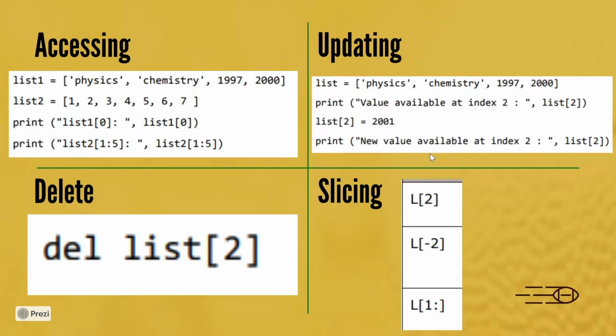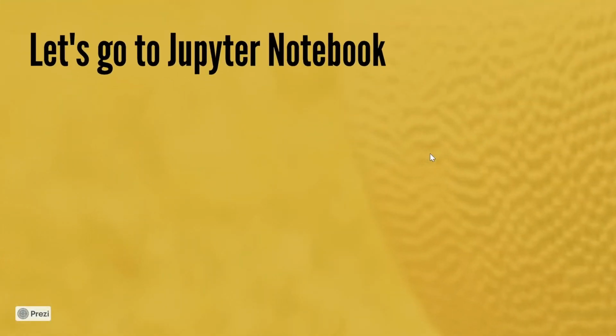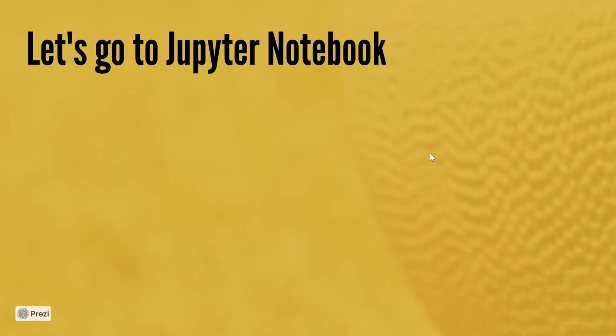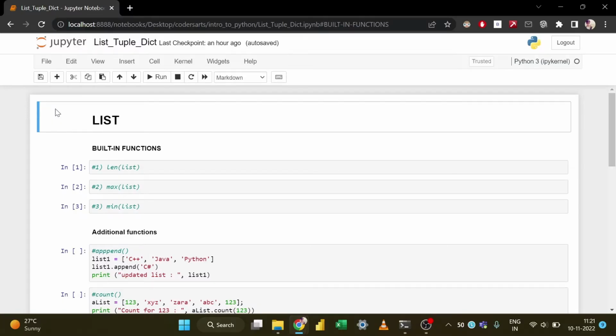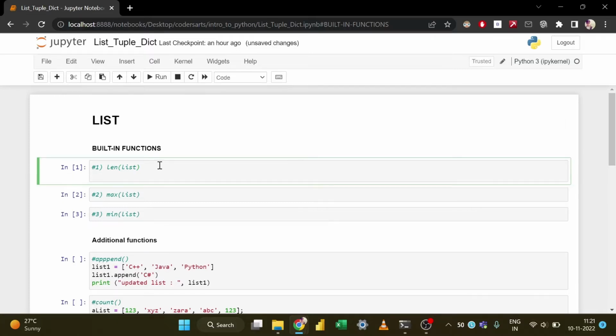After accessing, updating, deleting and slicing of the list, let us now look at some more examples, and for that we need to go to the Jupyter notebook. So now let us quickly move to our Jupyter notebook. We'll start with some of the built-in functions that a list contains. The first built-in function is the length function.